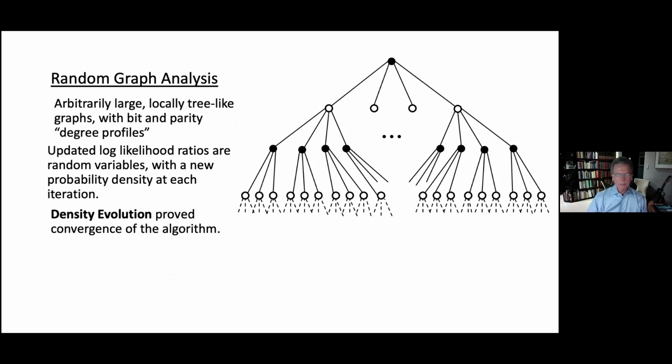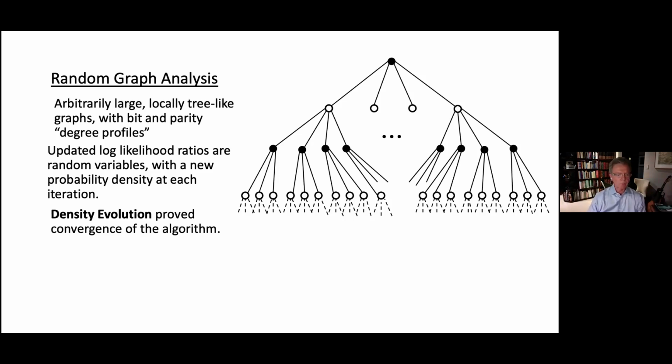A really beautiful piece of work by Richardson and Urbanke was to say we can think of what those log likelihood ratios are doing as having a probability density of your current state. Based on these other things, you're updating that probability density for the log likelihood ratio, and it evolves over time as it moves up in a tree-like structure. And you can prove the algorithm will converge.